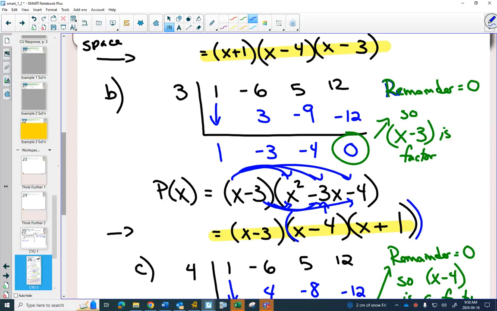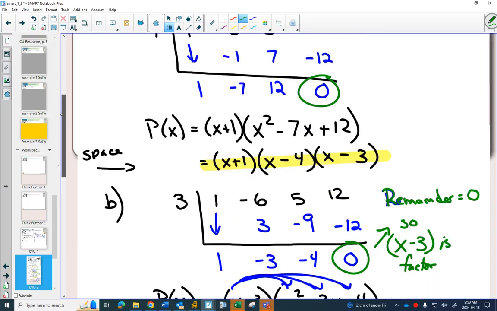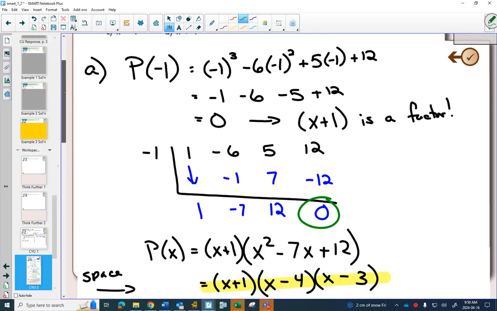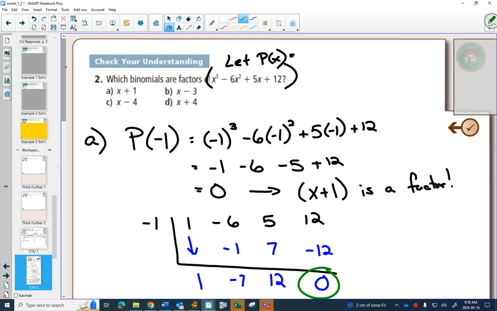But the important thing to notice is that all my first ones are x. I'll circle this. You see that your first ones still match up to the first one there. x times x times x still gives me x cubed.